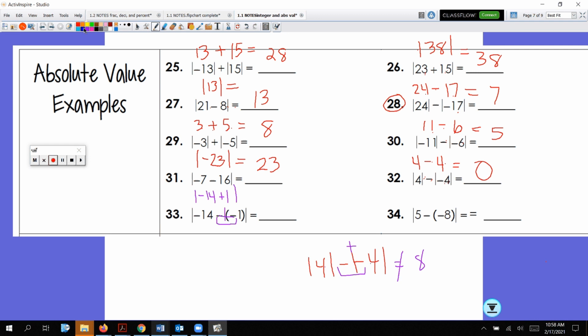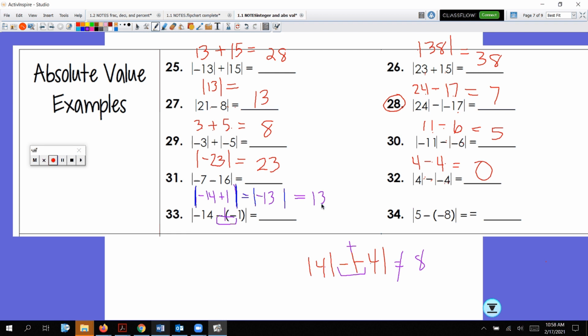Maybe I'll change my color. My absolute values will be blue, and my numbers will be in purple. All right. So negative 14 plus 1 is the absolute value of negative 13. Well, how many units away from 0 is negative 13? It's 13 units away. So that equals 13.